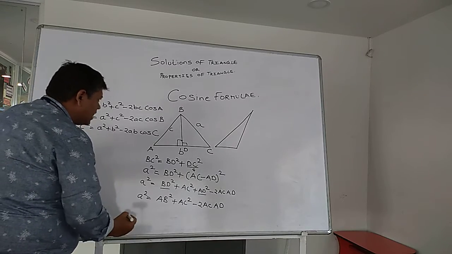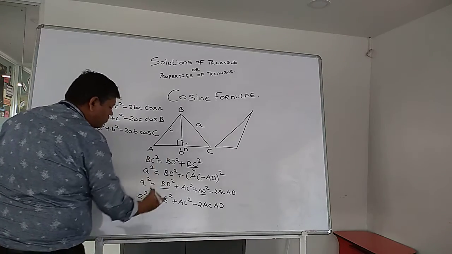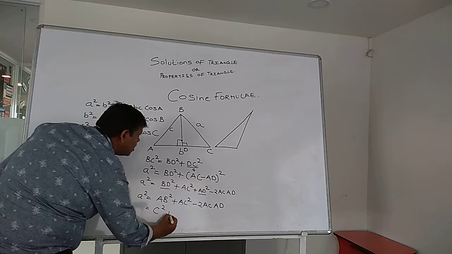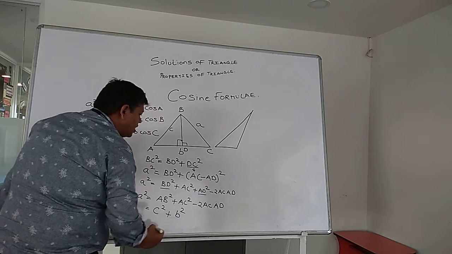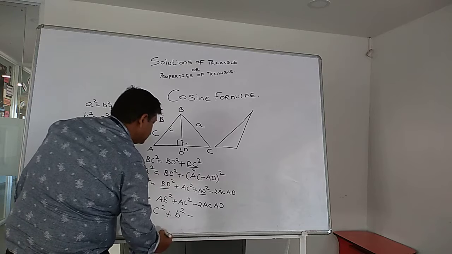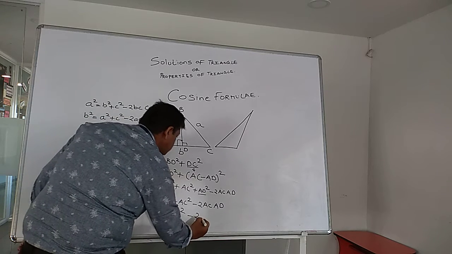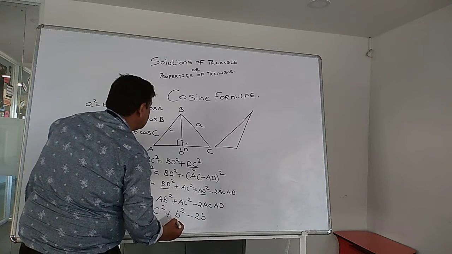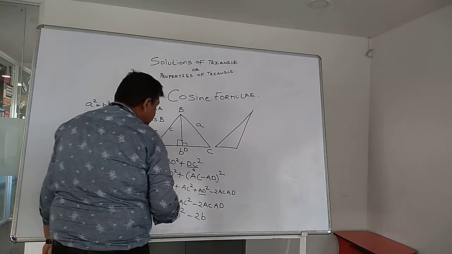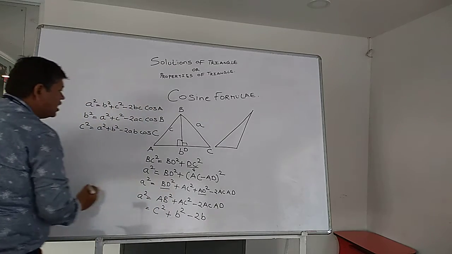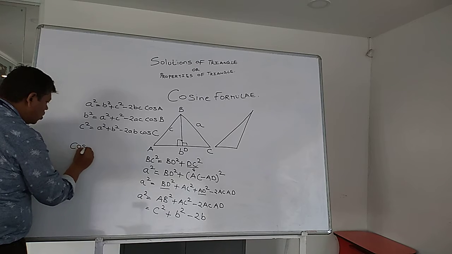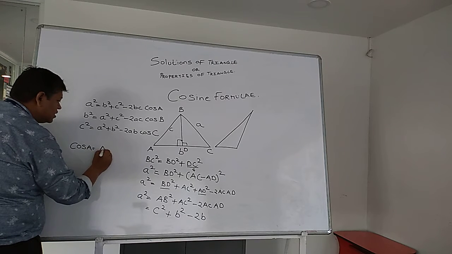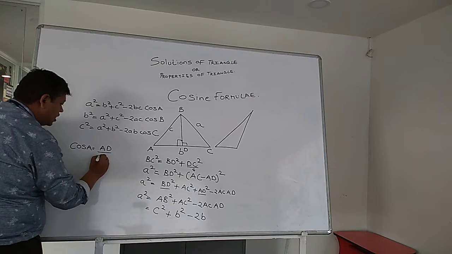Substituting that value, the name of the side AB is c. I get c square plus b square minus 2b, and AD can be written as c cos A. You see it, cos A in triangle ABD is AD upon AB.